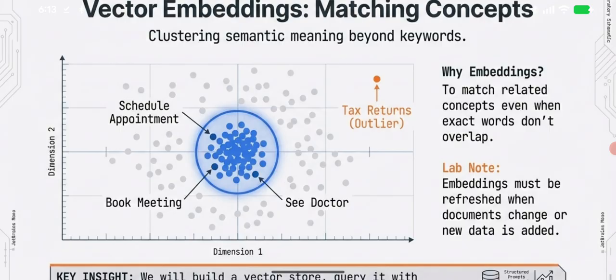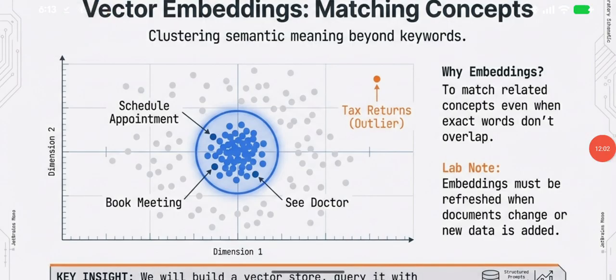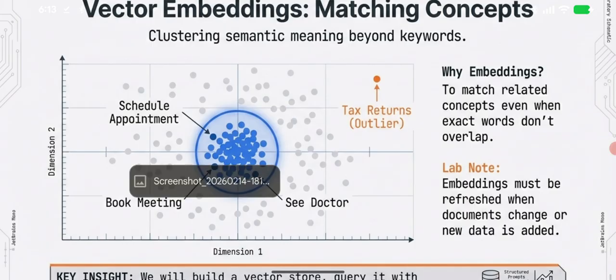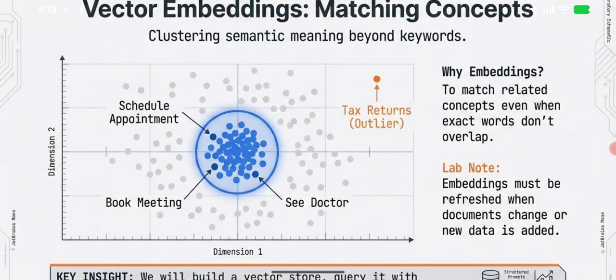So like if you say schedule an appointment, book a meeting, see doctor, based on the domain of the solution, it should all lead to the same answer and get the information. So anytime when the documents are changed, these vector embeddings are replaced. The metadata mapping is taken care of in the table where the new vector embeddings are created and replaced.